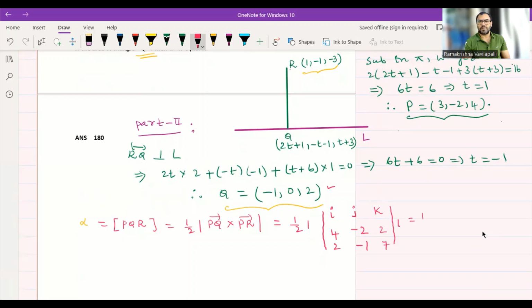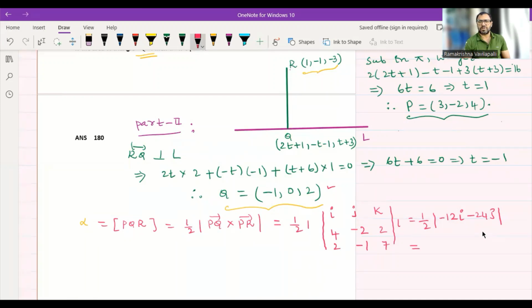Equal to half of the magnitude of this vector: minus 14 plus 2, minus 12i. Next, this is 28 minus 4, 24, minus 24j. Minus 4 and plus 4, that becomes 0.